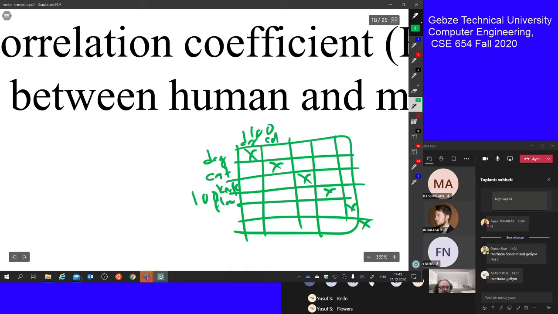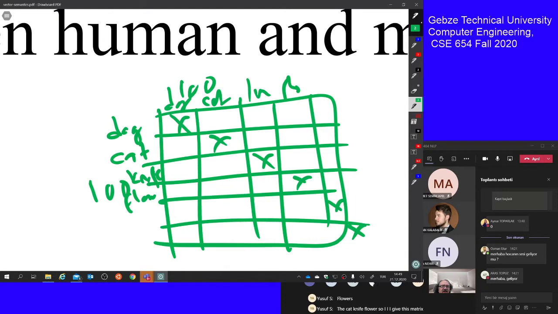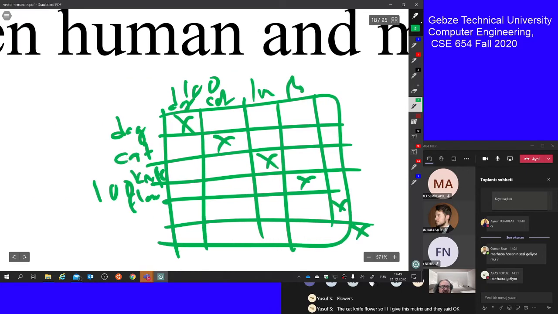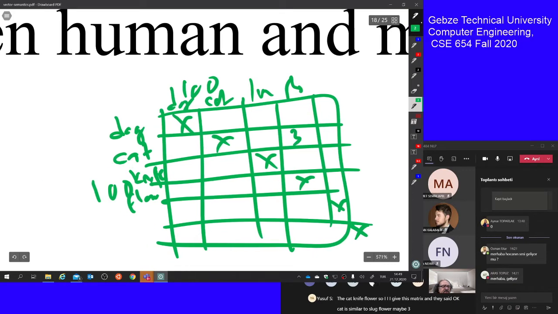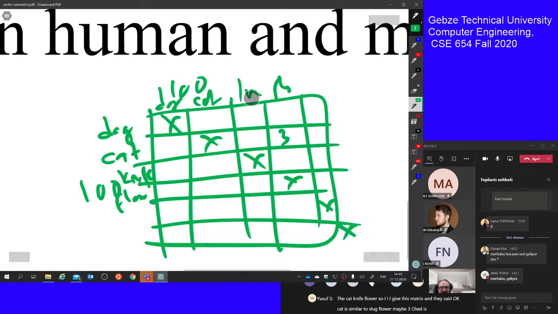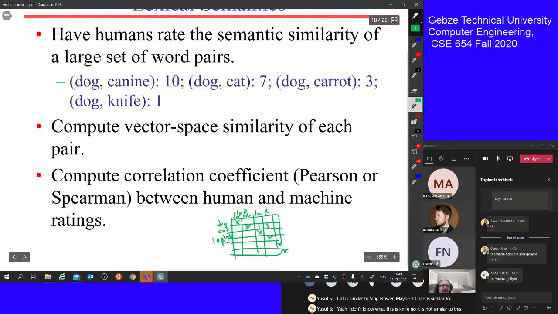I give this matrix, and they say, okay, cat is similar to flower, maybe 3. Cat is similar to, I don't know, knife? No, it is not similar, it is 1. So I get all of these values.